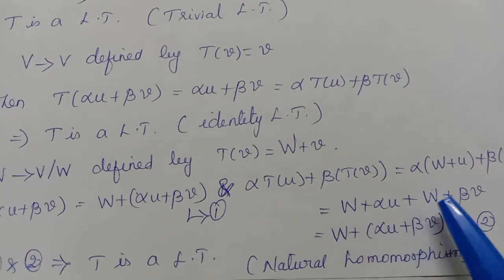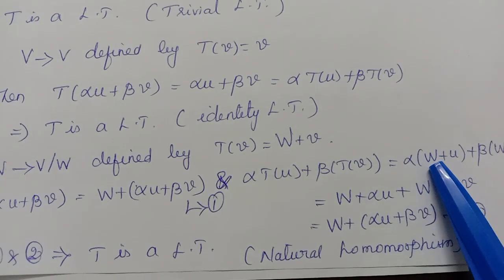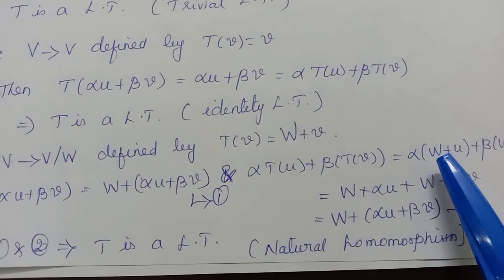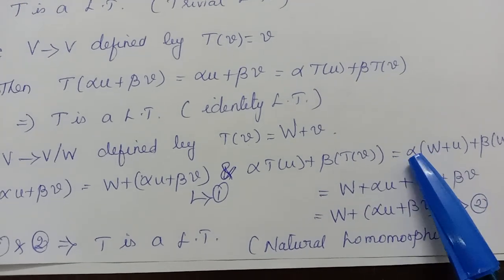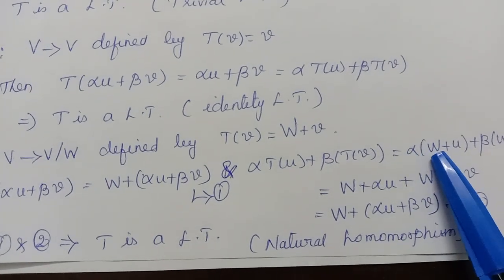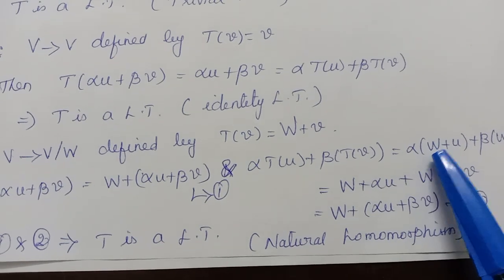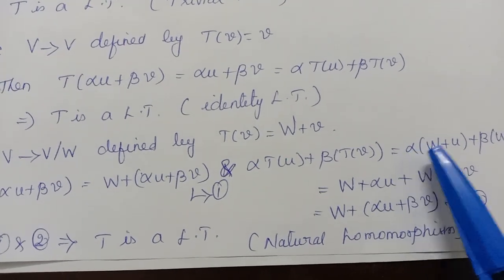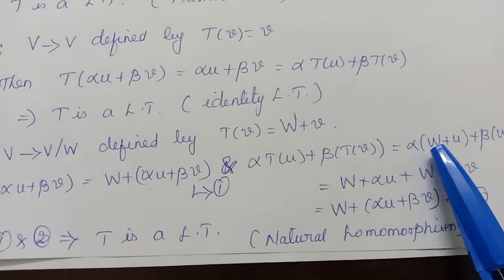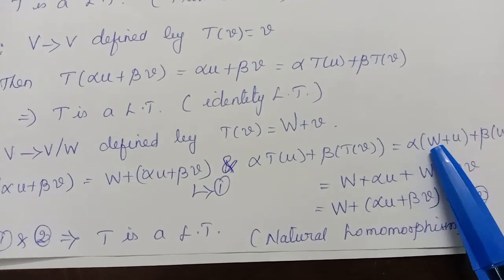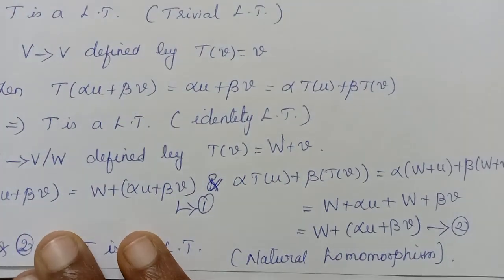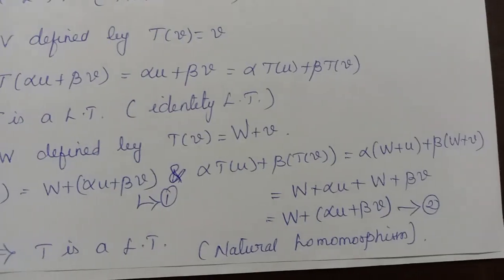Why am I saying alpha into W is equal to W? Because W is also a vector space, no? In a vector space, if you take one scalar and a vector and multiply, that will again become a vector of W. So when you take alpha into W, that will give you only the elements of W. So alpha into W is simply W, and similarly beta into W is also simply W. So what we have?